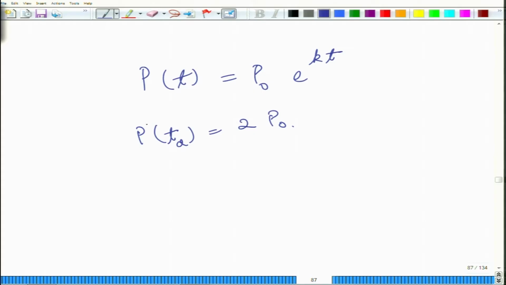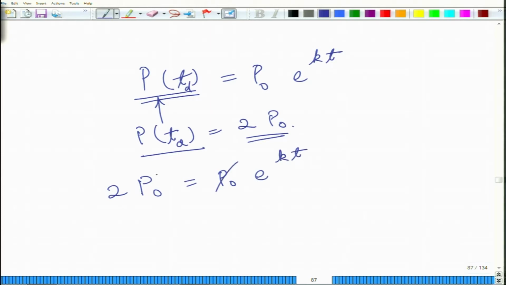So, in place of P t you put P TD, and in this case you have 2 P0 is equal to P0 into e to the power of k TD. Now, cancelling out the P0 and taking natural logarithm on both sides, you will have log of 2 is equal to k times TD, because this is the doubling time, or we can say that TD is equal to 1 by k log 2.